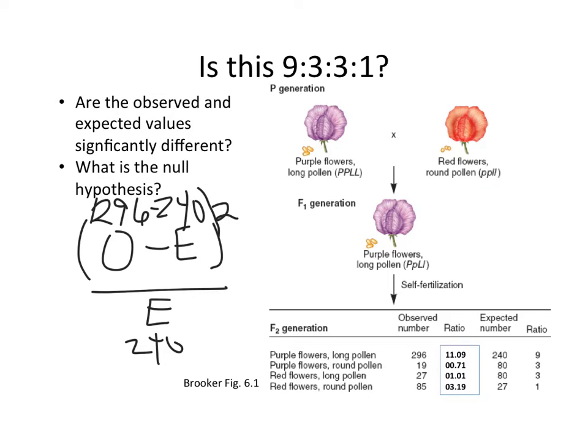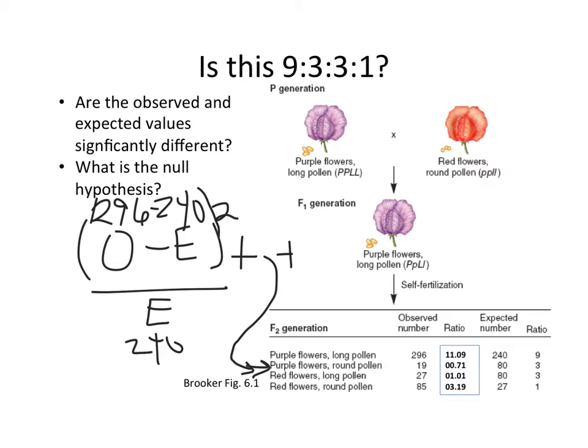Well, we've used one of the lines in this table, the top one, purple flowers, long pollen. Now what do we have to do? For purple flowers, round pollen, we have to do observed minus expected squared over expected. So we add the same formula for the next phenotype.